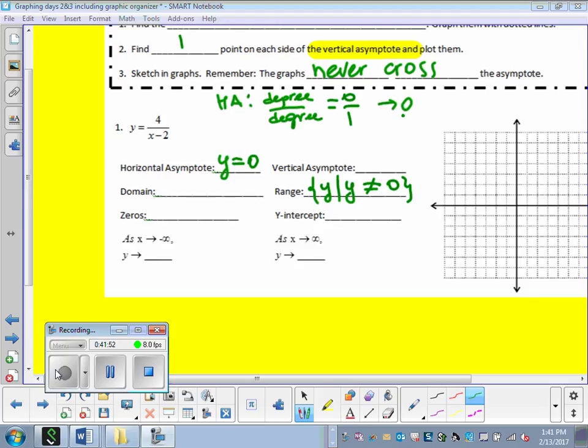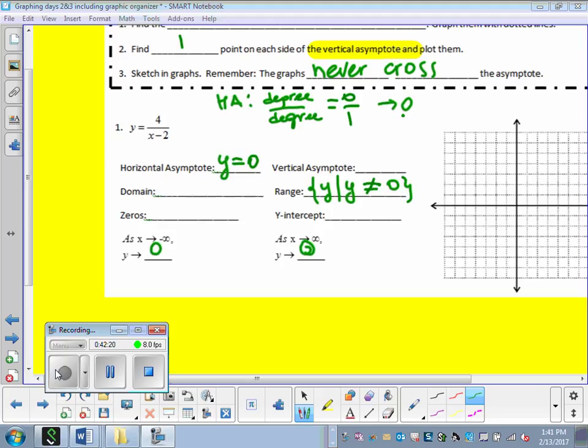Just going back to my organizer, using the rules. Also here, depends on horizontal asymptote, is what? End behaviors. Right? I can use my horizontal asymptote value to figure out my end behaviors. They both will have the same value, which is what? 0 and 0. Okay?